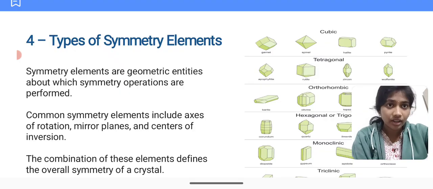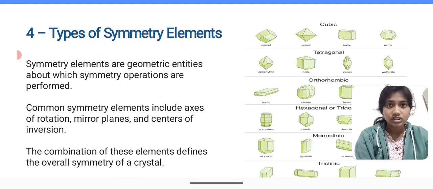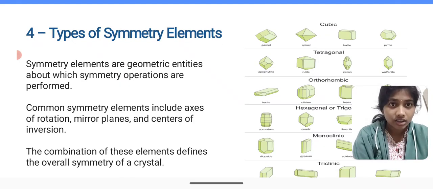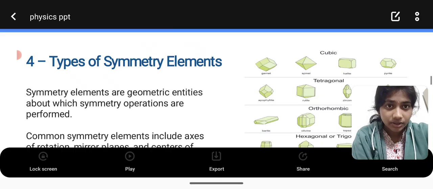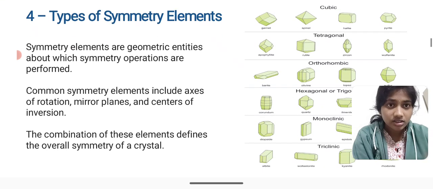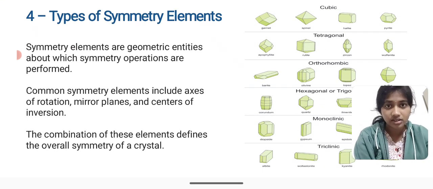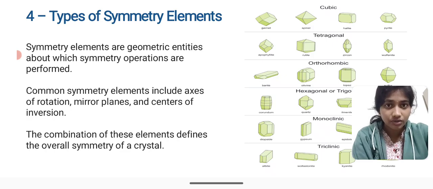Types of symmetry elements. Symmetry elements are geometrical entities about which symmetry operations are performed. Common symmetry elements include axes of rotation, mirror planes, and center of inversion.